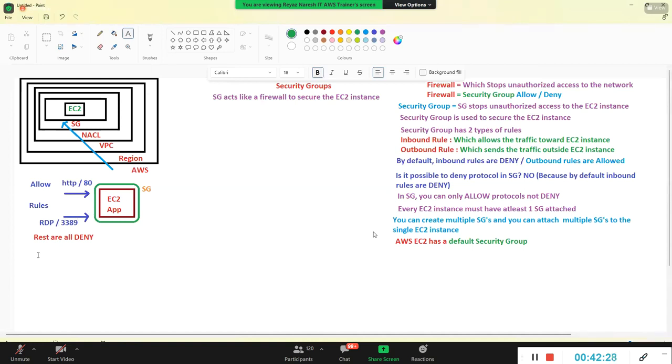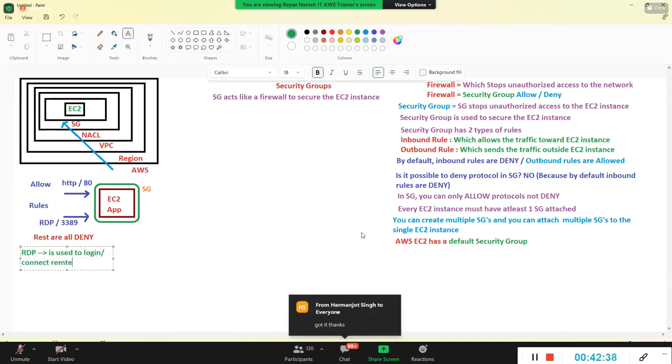Guys, remember, many people might have a doubt: what is RDP used for? RDP is used to log in or connect remotely to a Windows EC2 instance.